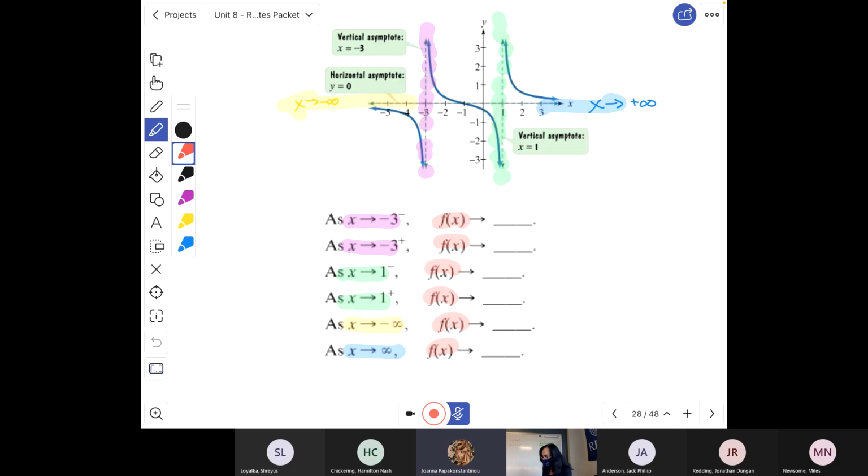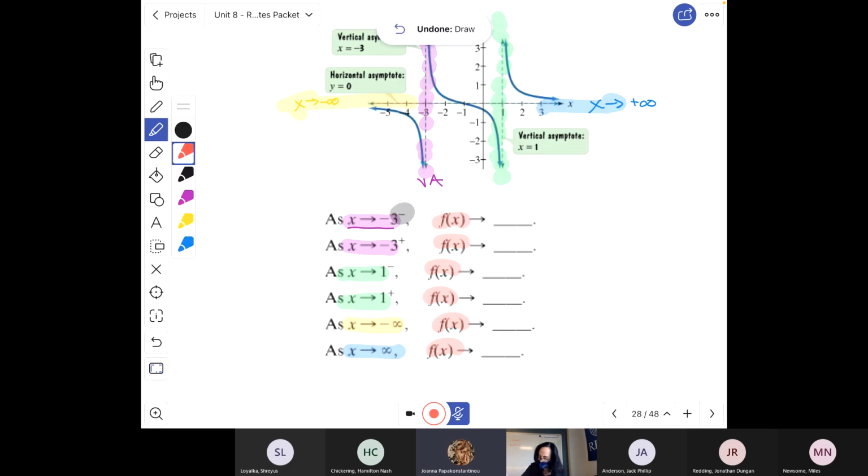Do we think we got it? Okay, in the first example, as x goes to -3, so this is a vertical asymptote at -3. As x goes to -3 from which direction? From the left.